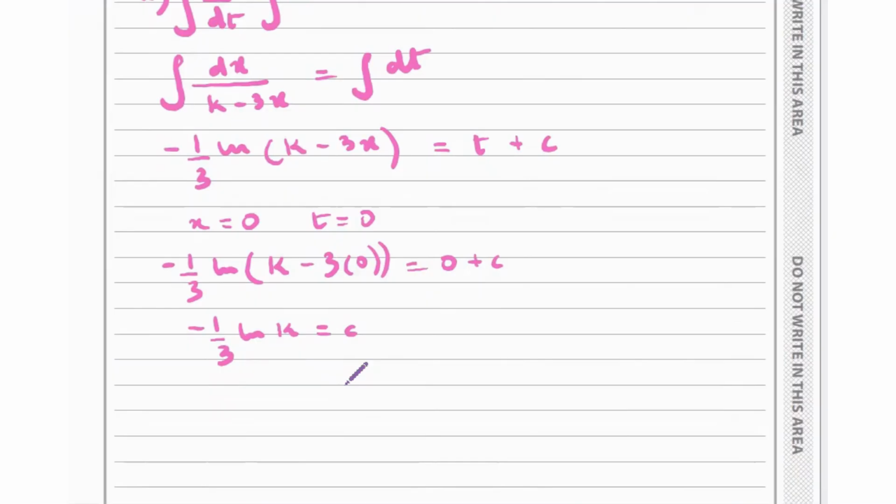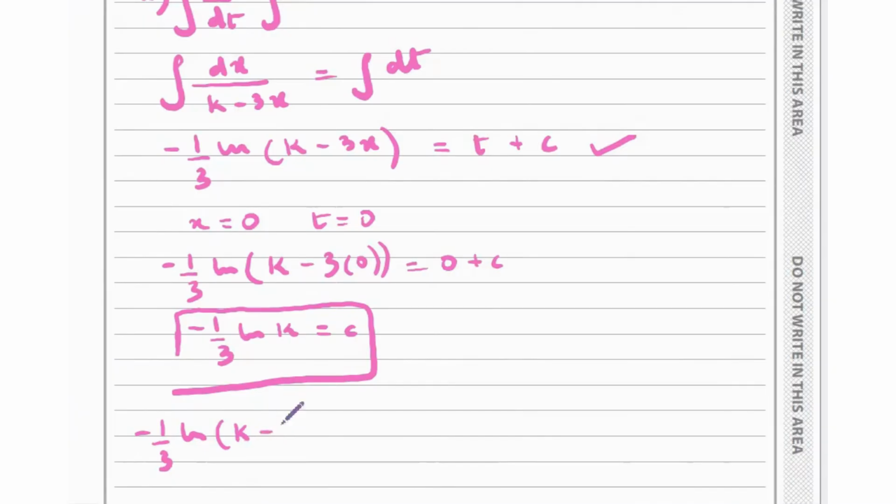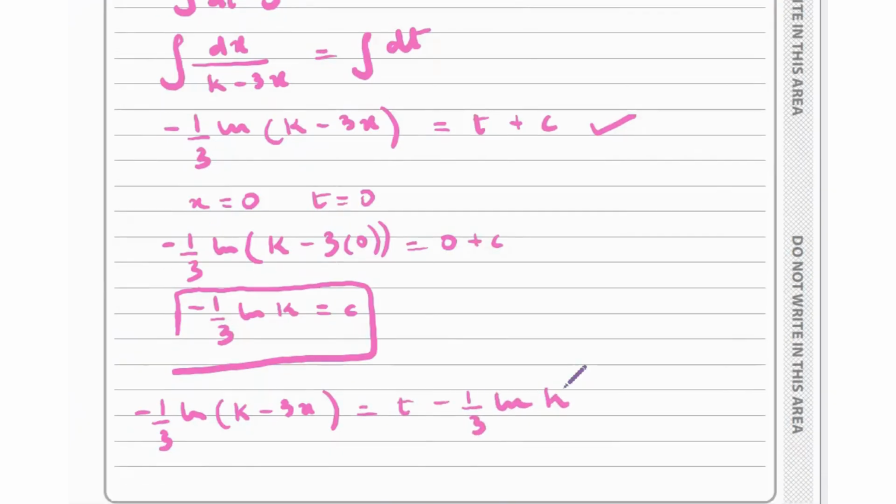What we're going to do now is substitute the value of c back into this equation. So negative 1 over 3 ln of k minus 3x equals t minus 1 over 3 ln of k.